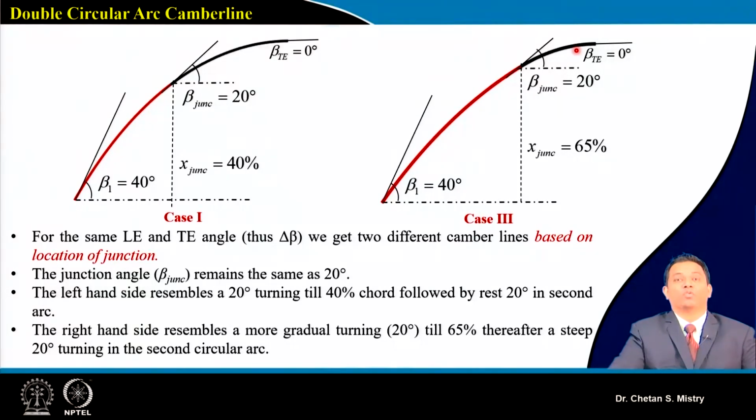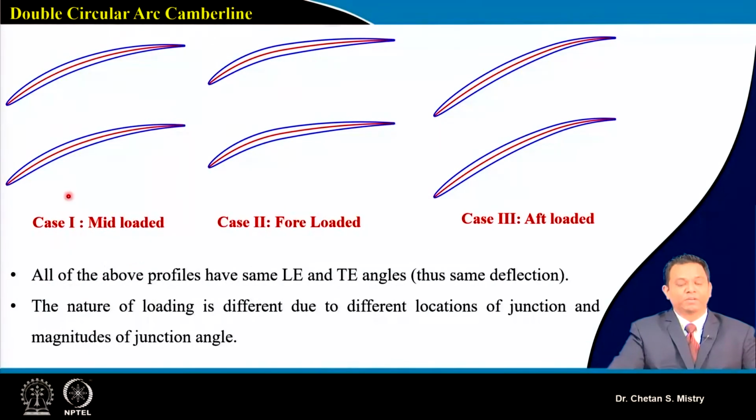For a circular arc camber line, we do not have much flexibility. For the parabolic configuration, we have a little flexibility to move to off load, full load or mid load. But here we have too much flexibility in selection. Suppose this represents a mid-loaded configuration, for the same passage area this represents a full-loaded configuration, and this represents my off-loaded configuration.